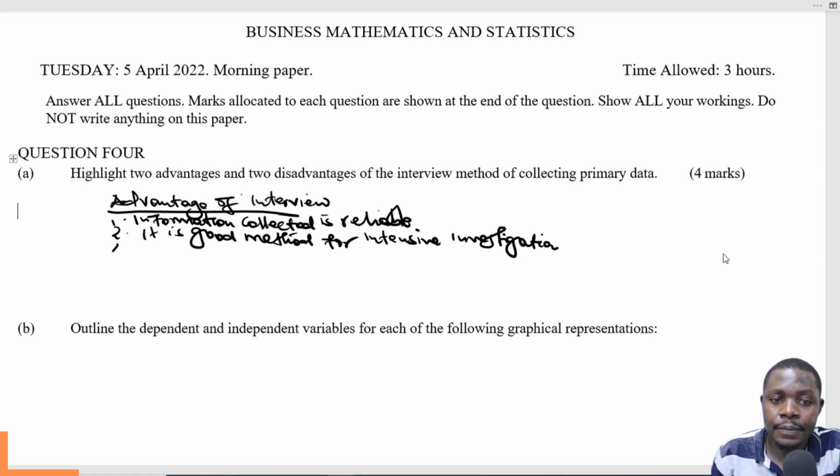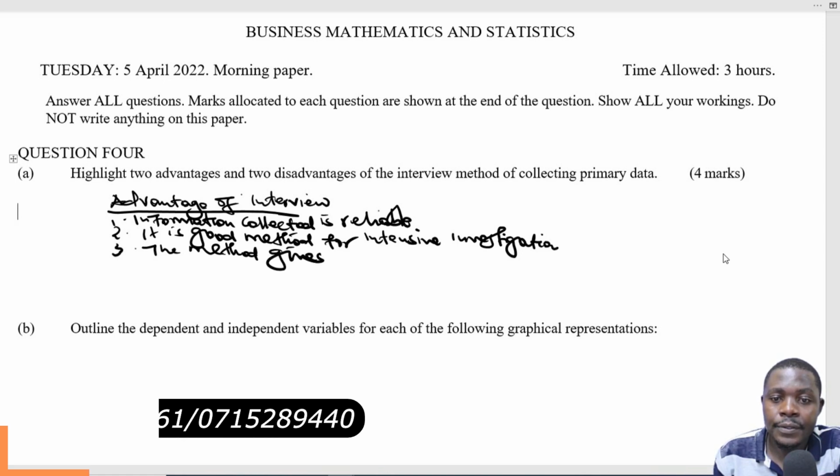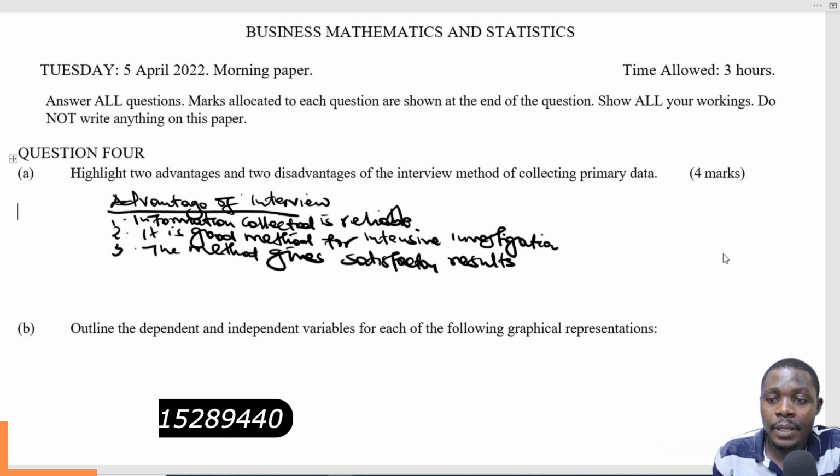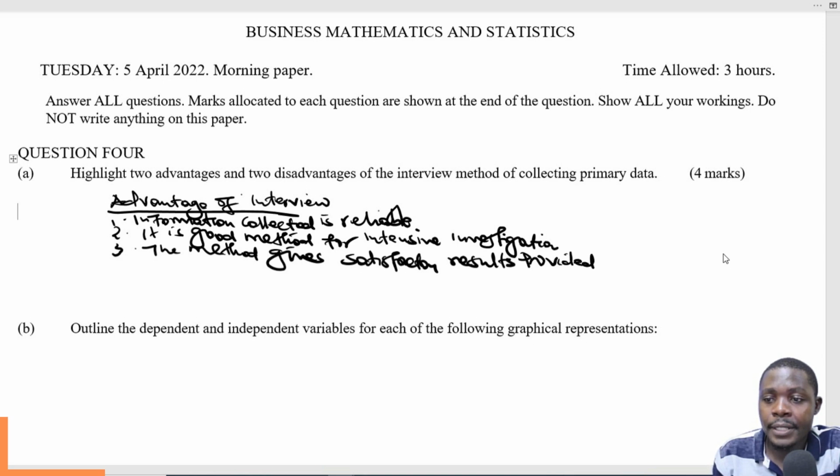Number 3, the method gives satisfactory results provided the scope of inquiry is narrow.